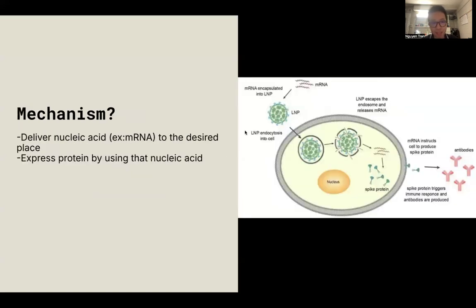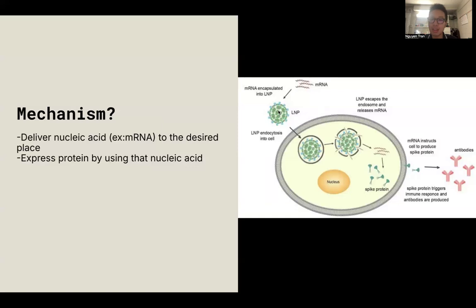Secondly, its mechanism. I have mentioned earlier that it delivers nucleic acid, for example mRNA, to the desired place. As you can see in this picture on the right, when this enters the cell membrane, the outer layer will be degraded, releasing the inside that will be translated into the protein that we need to prevent certain disease or certain cancer or something like that.